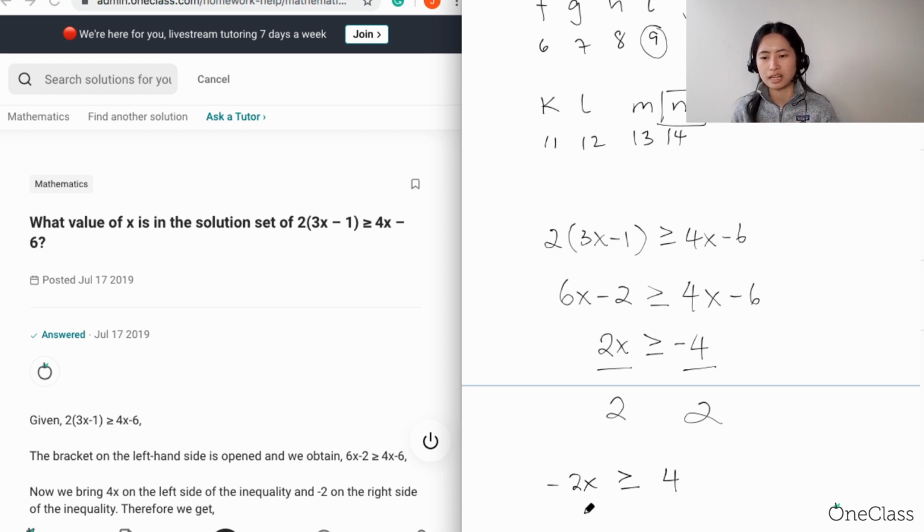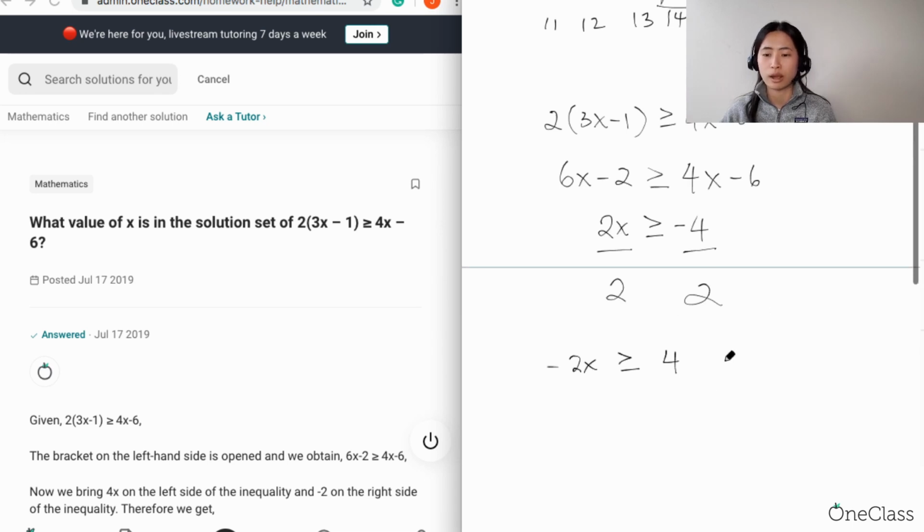You're not going to flip anything, right? So we don't really care about the sign of 4, whether it's negative or positive. Because you have a negative 2 here, you would have to flip the inequality symbol from greater than or equal to, to less than or equal to. So dividing both sides by negative 2, you get x less than or equal to positive 2.